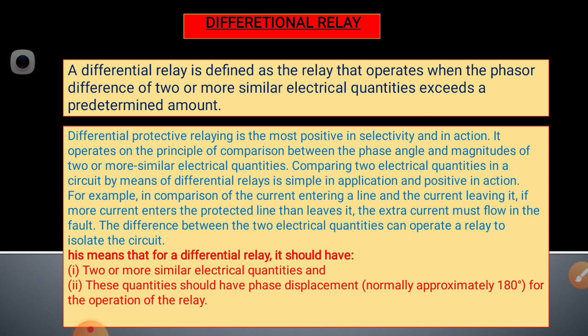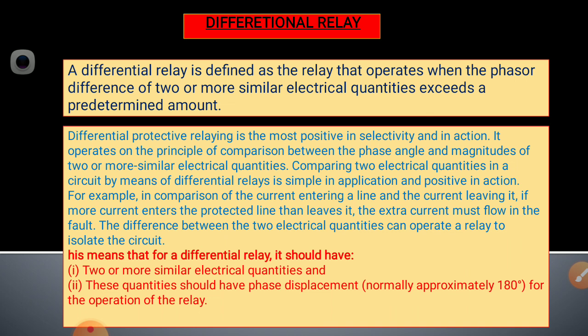It operates on the principle of comparison between the phase angle and the magnitudes of the two or more electrical quantities. Comparing two electrical quantities in a circuit by means of a differential relay is simple in application and positive in action.